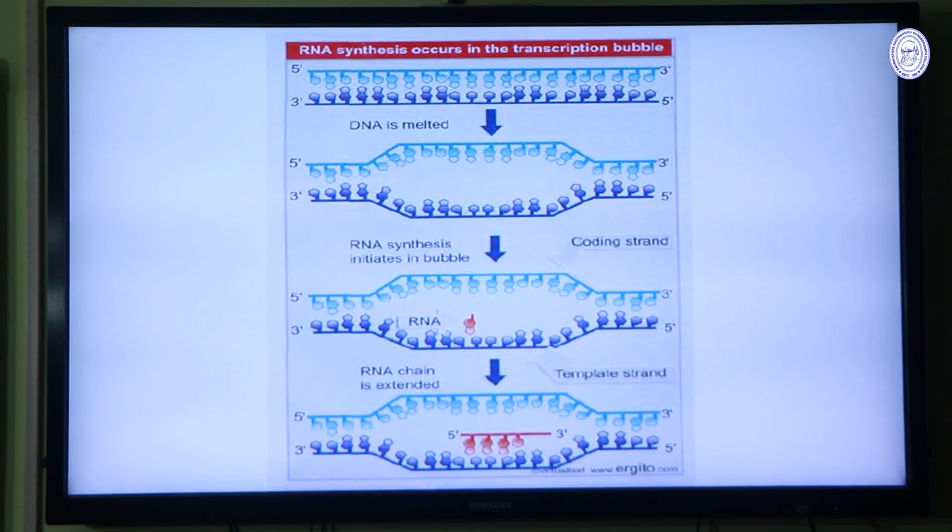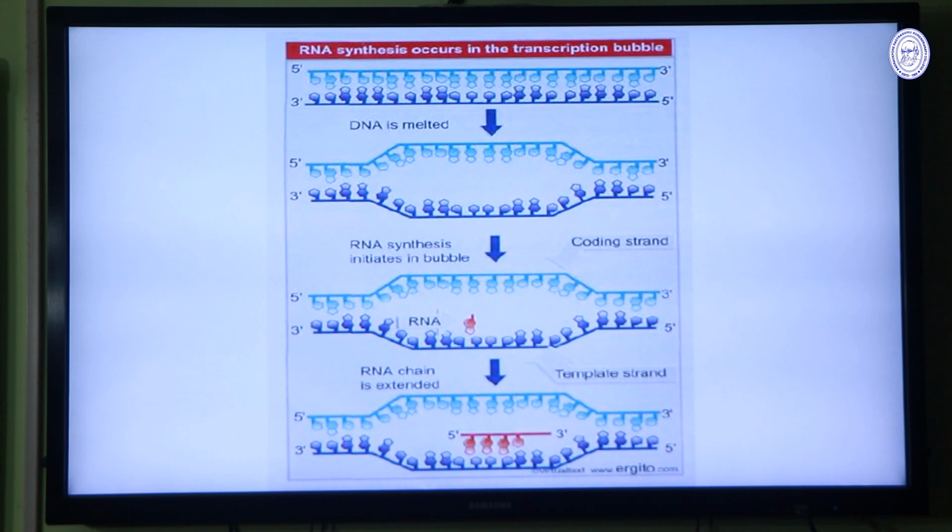Now, basically RNA synthesis occurs in the transcription bubble. When the RNA polymerase binds to the double stranded DNA, the double stranded DNA will undergo melting. We call it strand separation, and both the strands will be separated. Here you can see in this diagram, one strand, the coding strand, is represented by the green color, and the template strand is represented by the blue color.